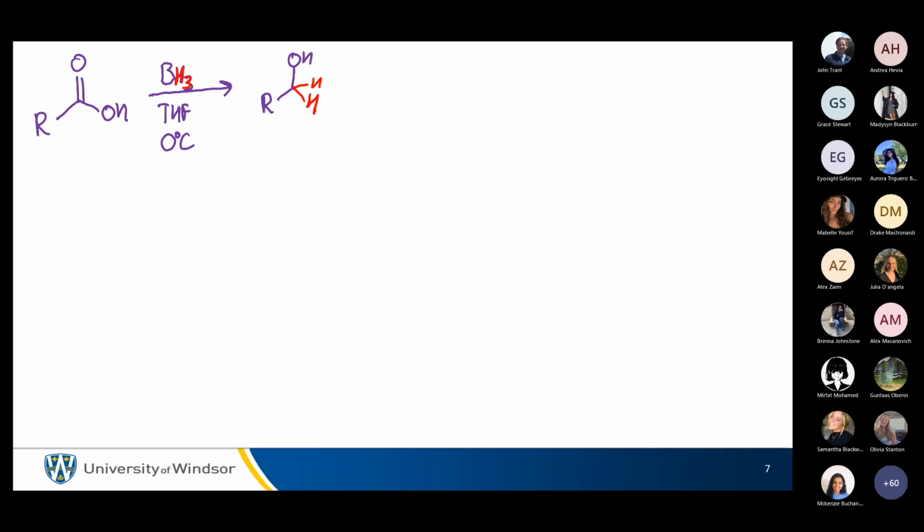Now what's really interesting is this works with nothing else but acids. If you try and take an aldehyde, which is very, very, very reactive, and you treat it with borane, no reaction. And that's curious, because this is harder to do than this.